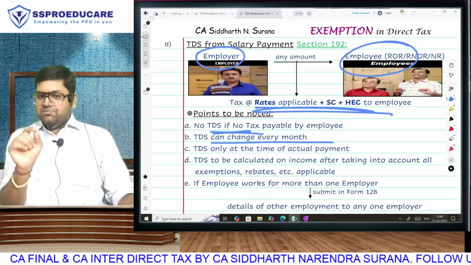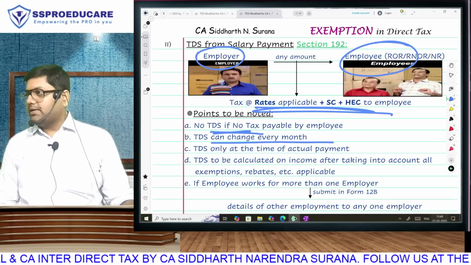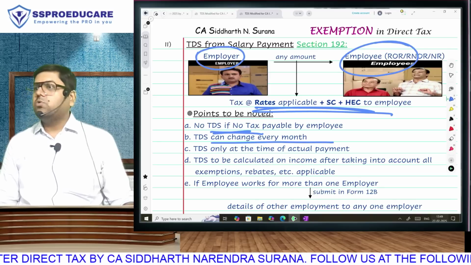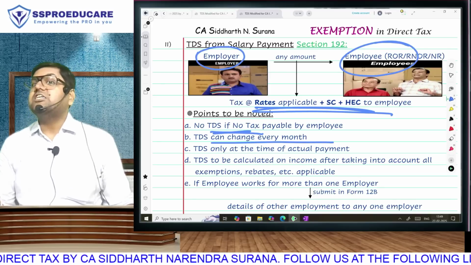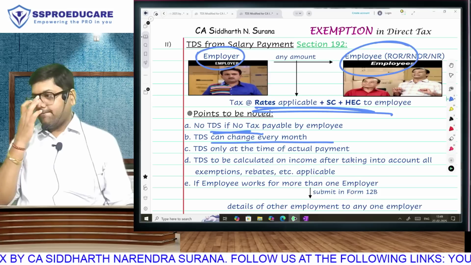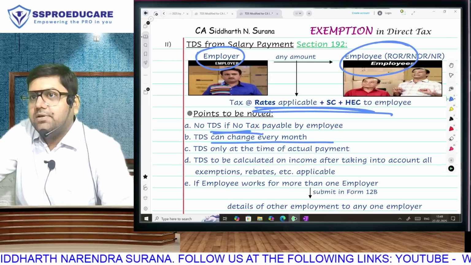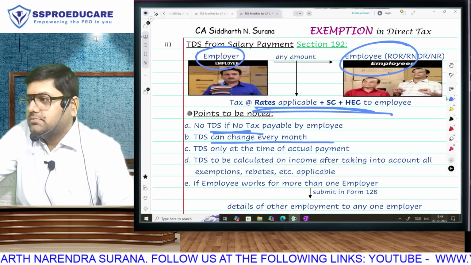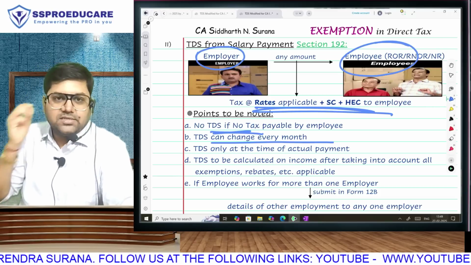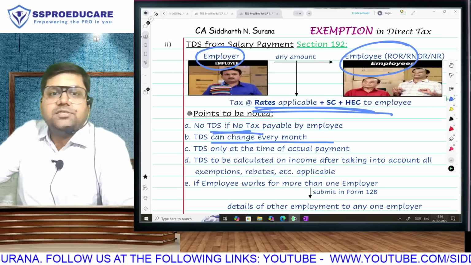Every transaction that has material impact on your NTTI is going to be changing the TDS that will be deducted. Do you agree and understand this? Every transaction that has material impact is going to change the TDS.